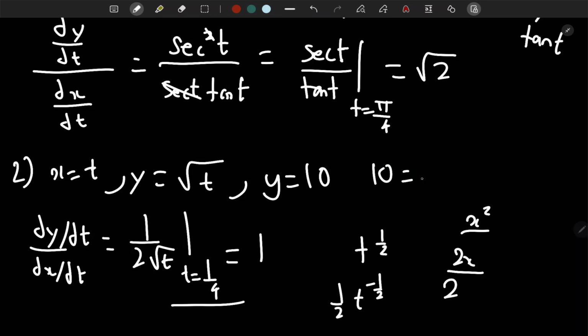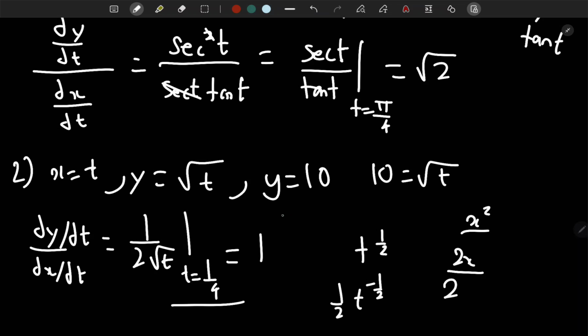So 10 is equal to radical t, and then you find t, which is going to be 100, and then you would substitute t as 100, so radical 100, which is 10 basically. So that's another way the question can appear in the exam.